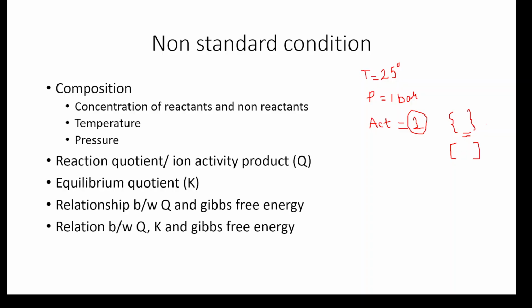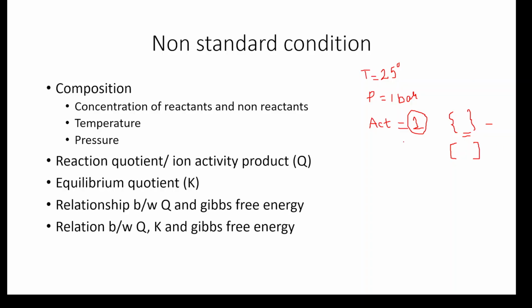It depends on ionic strength. If the solution is very dilute, if you take a very small amount of sodium chloride and mix it in a huge volume of water, the solution will be very dilute. In that case, activity and concentration will be similar. But if you take a high amount of sodium chloride and dissolve it in less water, activity and concentration will be different. This will be taught later.